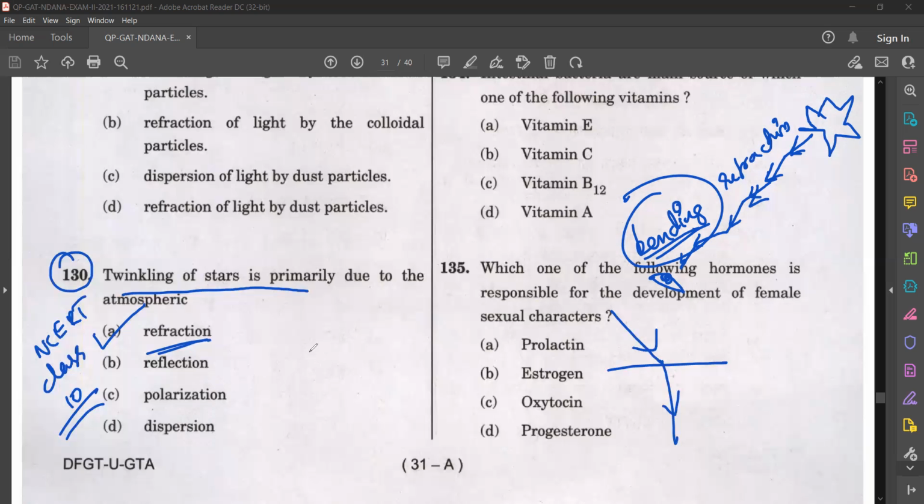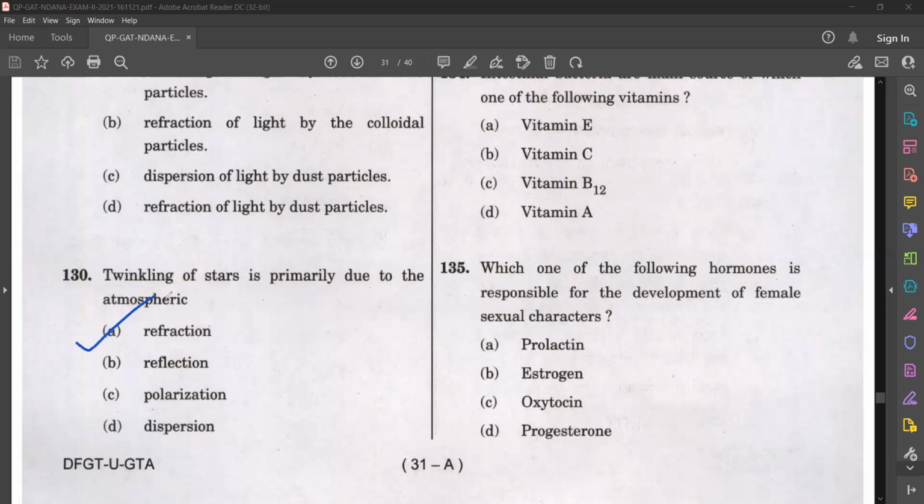Going through the remaining options: reflection. What is reflection? Reflection means bouncing back of light. Suppose I have a plane surface like this. Light strikes this surface, then it bounces back, isn't it? So that is just reflection. Here the answer is refraction.